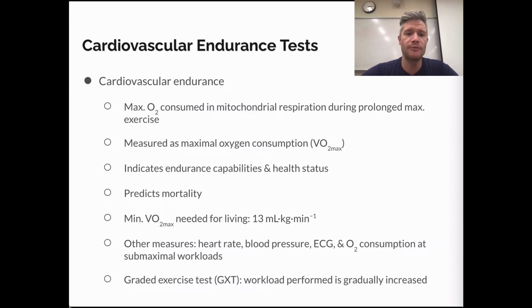And so what we'll find is with that indication from our cardiovascular health, we can also get a pretty good prediction at times as far as our mortality rate, or our likelihood or relative risk of death.